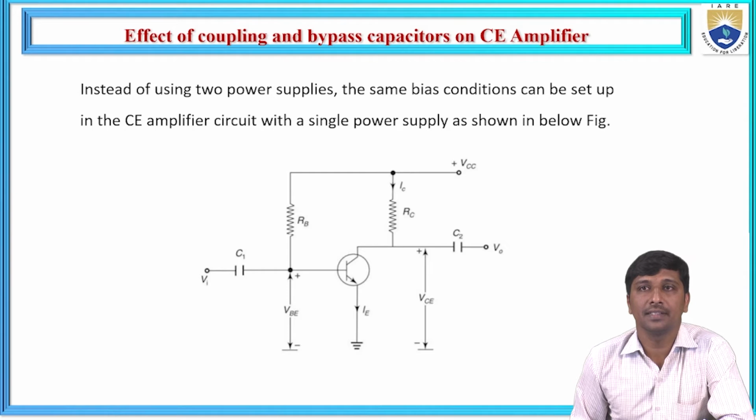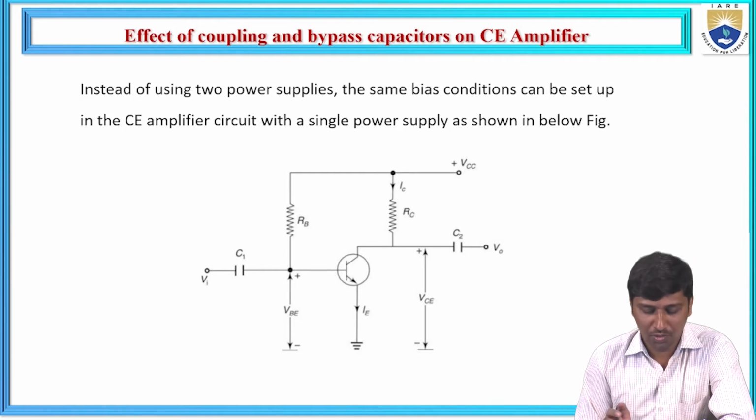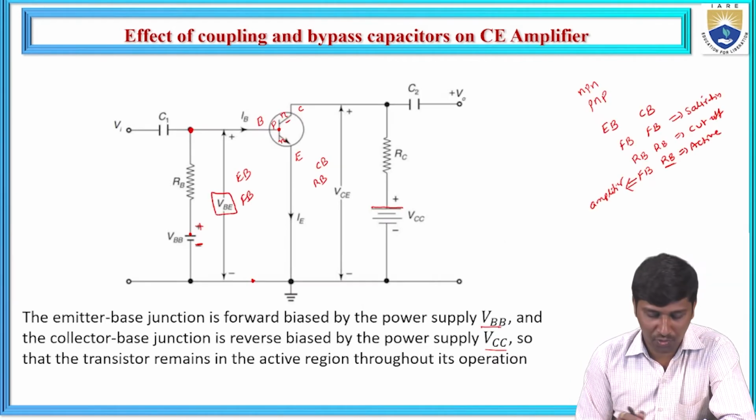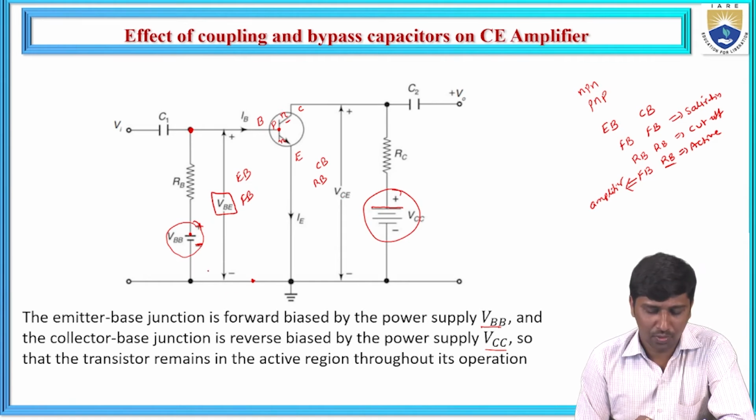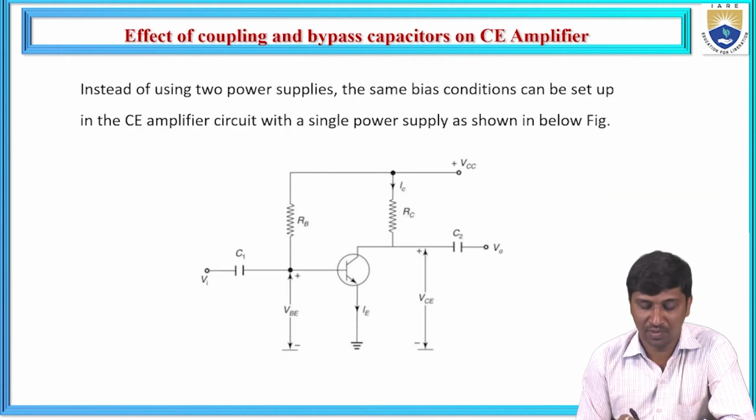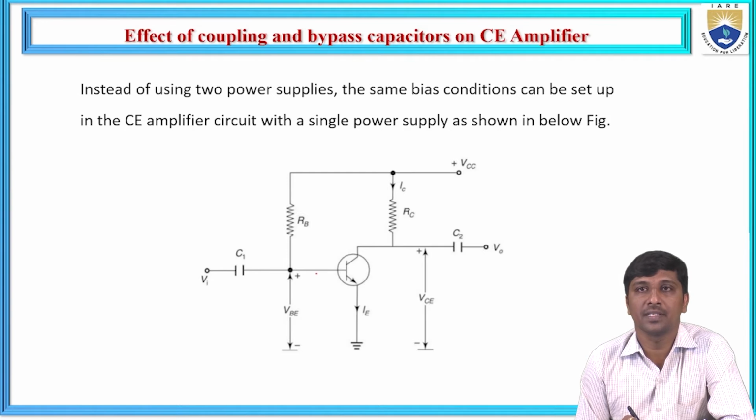So let us consider the previous case. In this circuit we have two DC sources: one is VBB, another DC source is represented as VCC. To replace these DC sources with only one DC source, I am redrawing this circuit diagram. The two voltage sources are replaced with only one voltage source, represented as plus VCC.